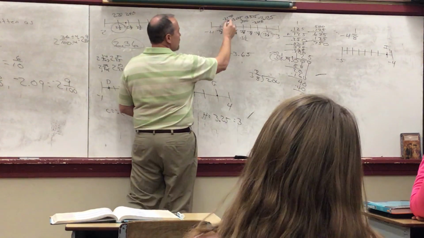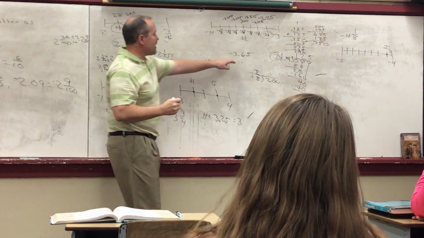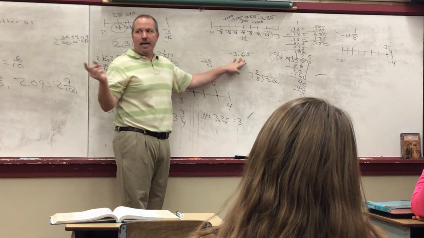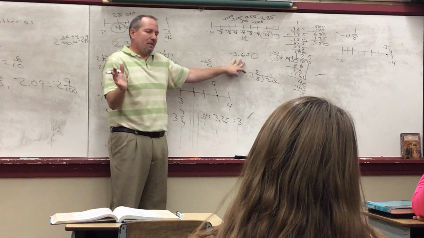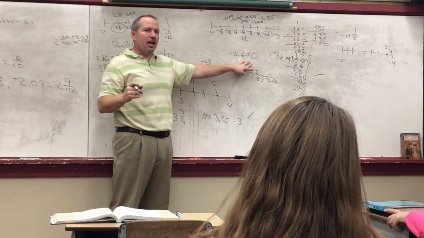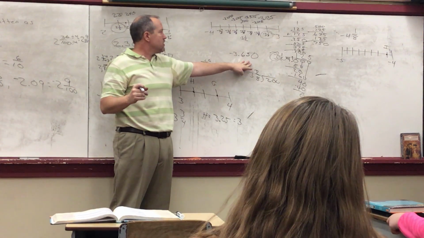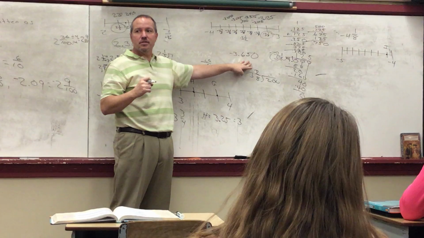because each one of these goes to the 1,000. All right? How do I change this to 1,000? Add a 0. So, approximately, where would -3 and 650,000 go? It would go approximately between what two fractions?